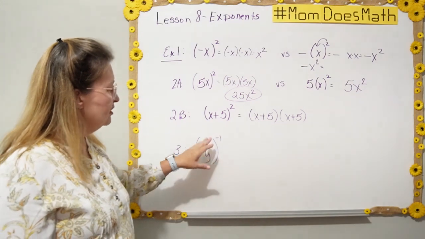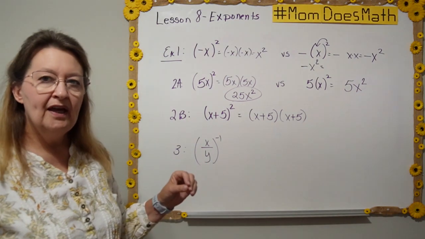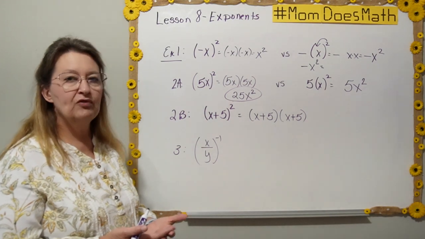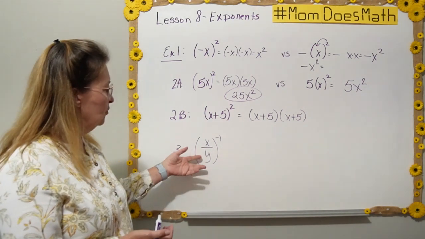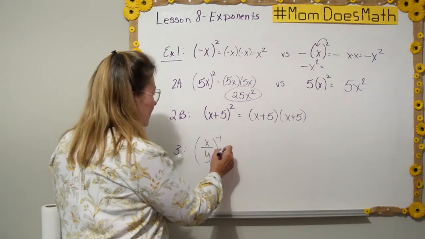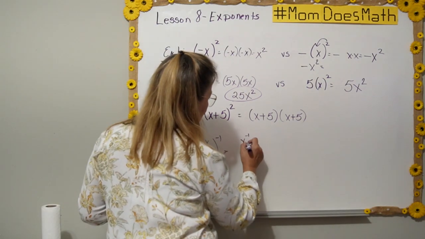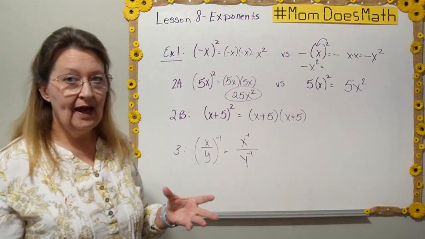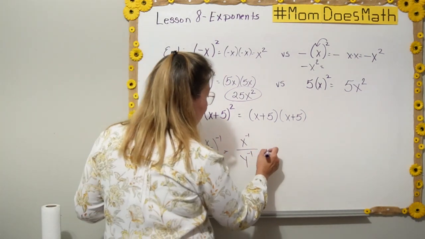All right, now we talked about the negative exponent. The negative exponent tells you that that base is on the wrong side of the fraction bar. It wants to move. Well, here we have a whole fraction raised to a negative exponent. So expanded version, what you have is this. They're both unhappy, so they're both going to flip.